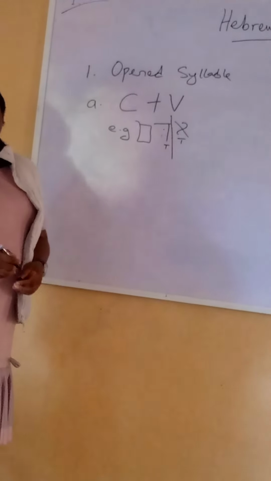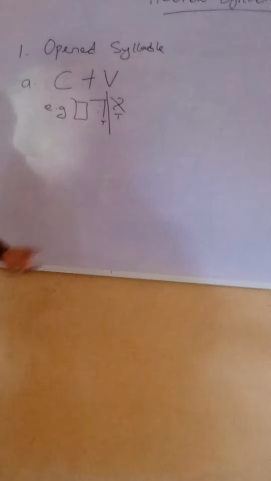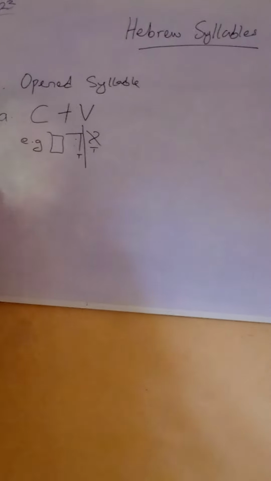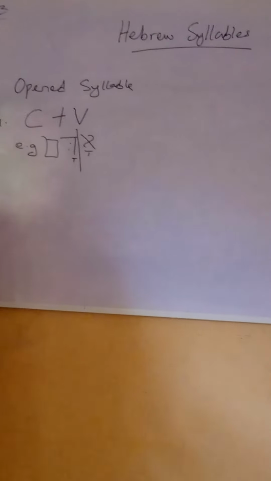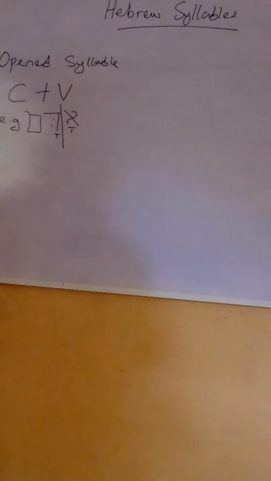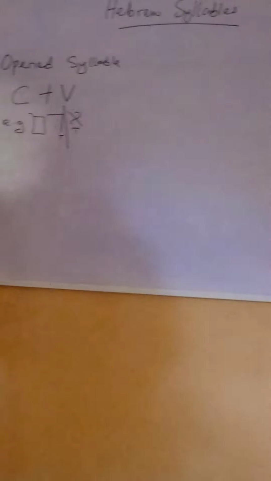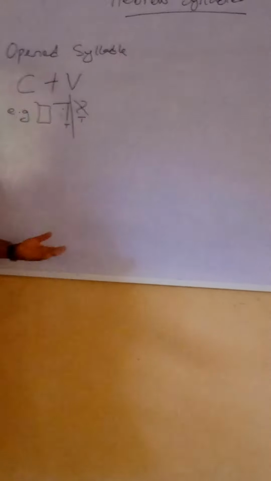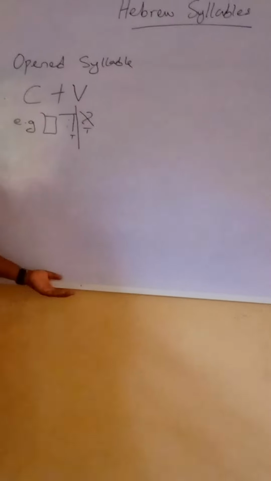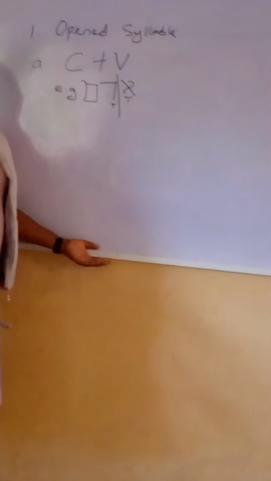Based on what I said, I've already given the answer. Two. But why two? Because to know the number of syllables in a word, how many full vowels do we have here? So there are two syllables. Do we get it?